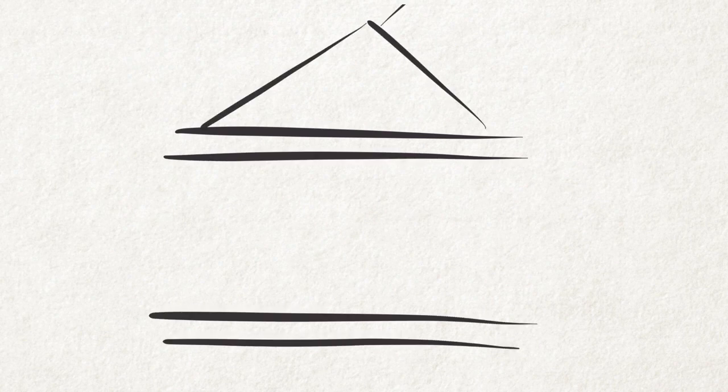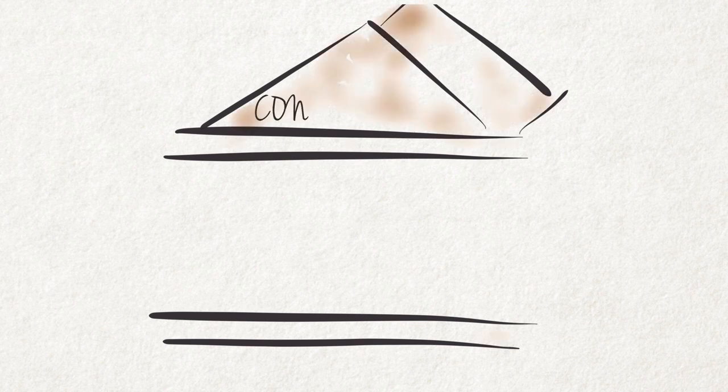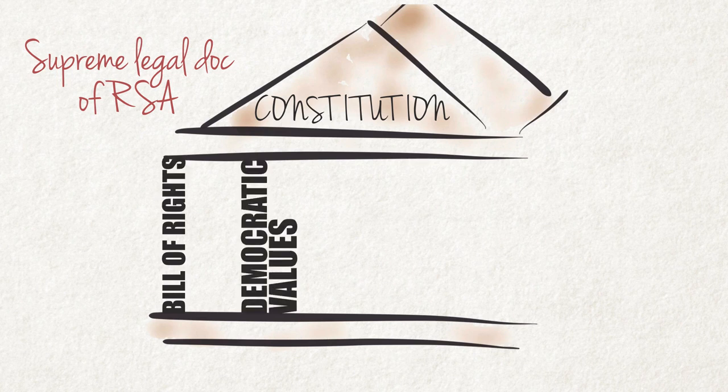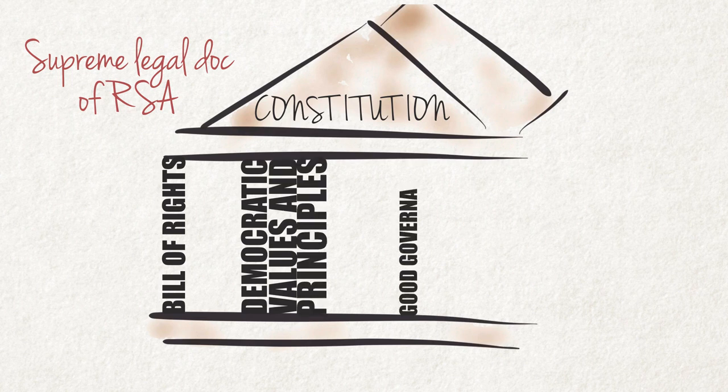Now to summarize, why do we have a constitution? As we have learned, our Constitution of 1996 is the supreme legal document of the Republic of South Africa. It protects our rights as citizens and offers special provisions to hold political leaders accountable in line with democratic values and principles. We are no longer subject to the whims of an authoritarian regime, but can be active citizens in a constitutional democracy.